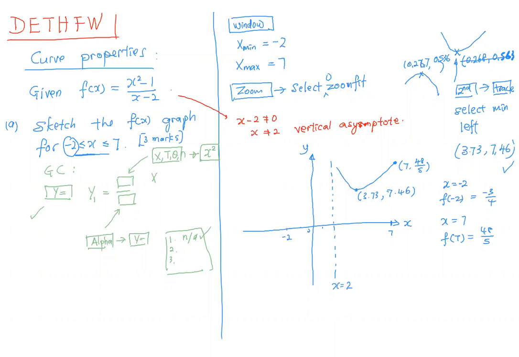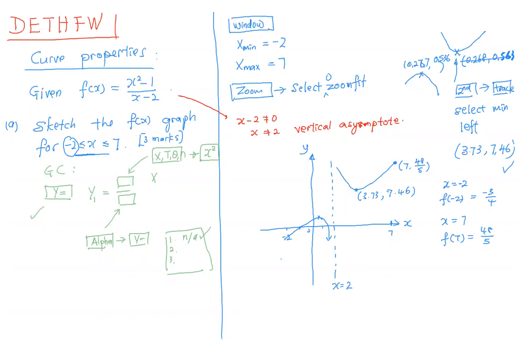Then the turning point is somewhere here, 0.2 here. So the graph goes like that. It goes up like that and comes down like that. So you jot down this point.